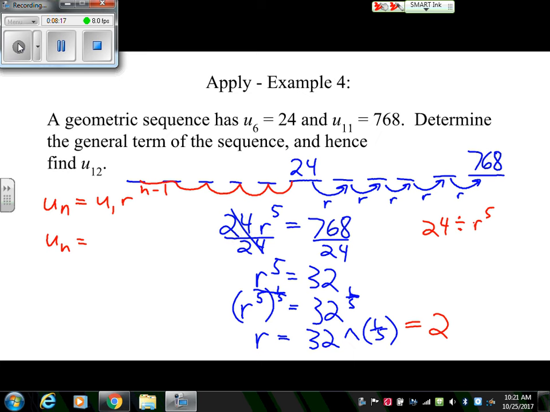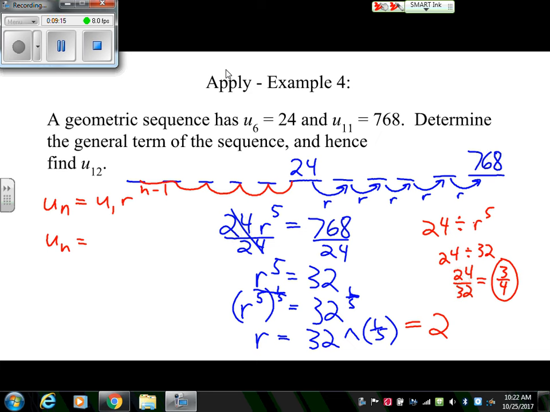But we already know what r is. It's 2. And we already know that 2 to the fifth power is 32. So we're taking 24 and dividing it by 32, which might look a little easier if I write it like a fraction. And 8 goes into both of those. 8 goes into 24 3 times, and 8 goes into 32 4 times.